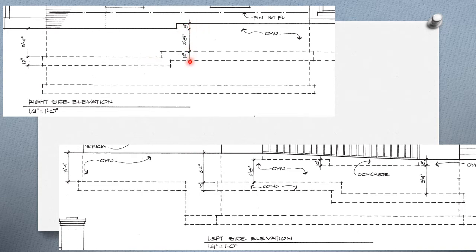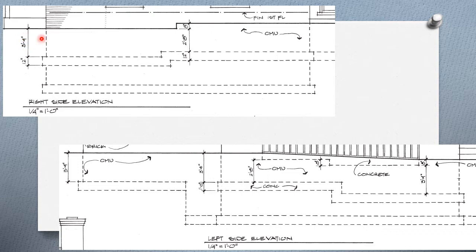We can calculate, if this is 2 feet 8 inches and this is 3 feet 4 inches, notice the extension line here measures my 2 foot 8 from the same line as my 3 foot 4.